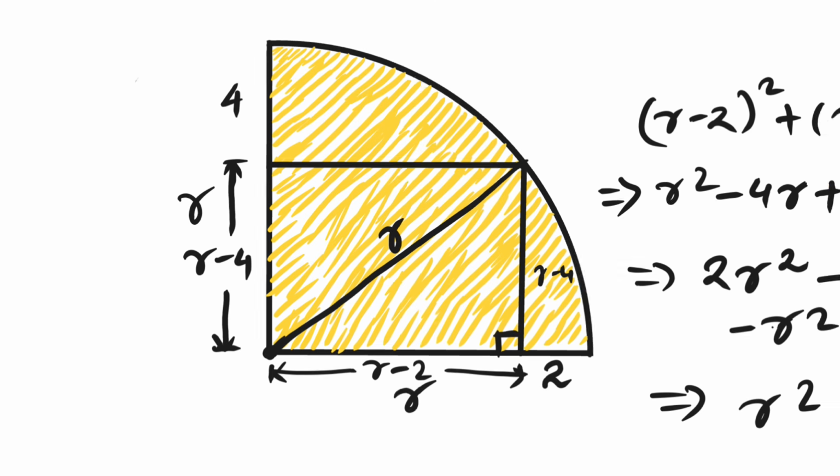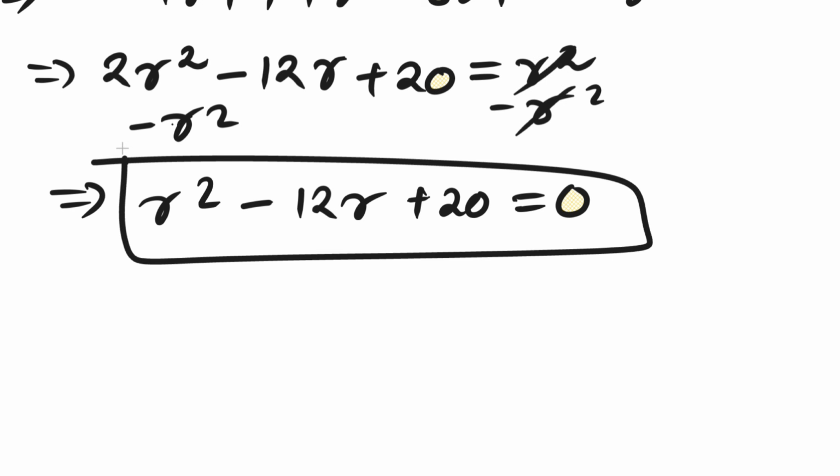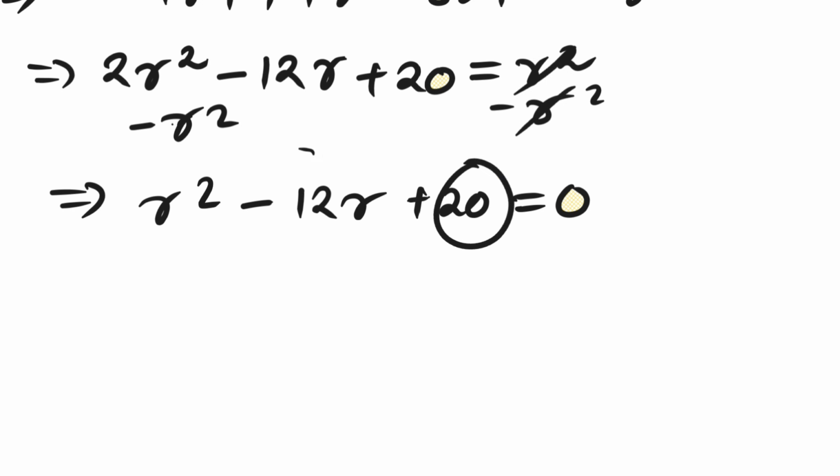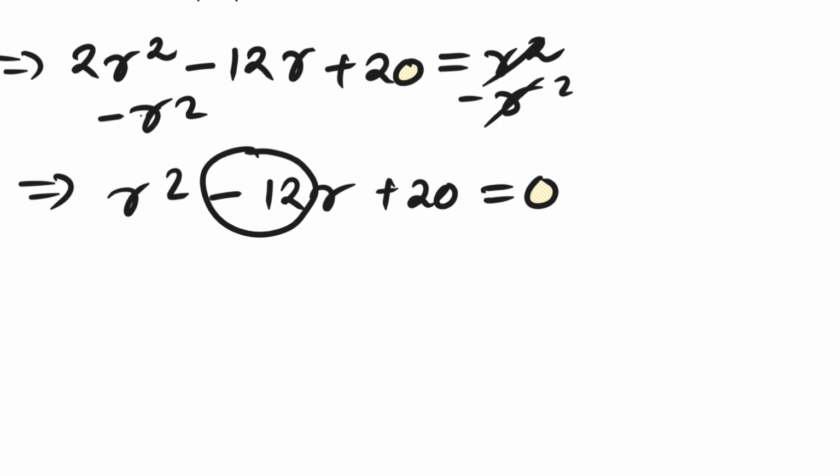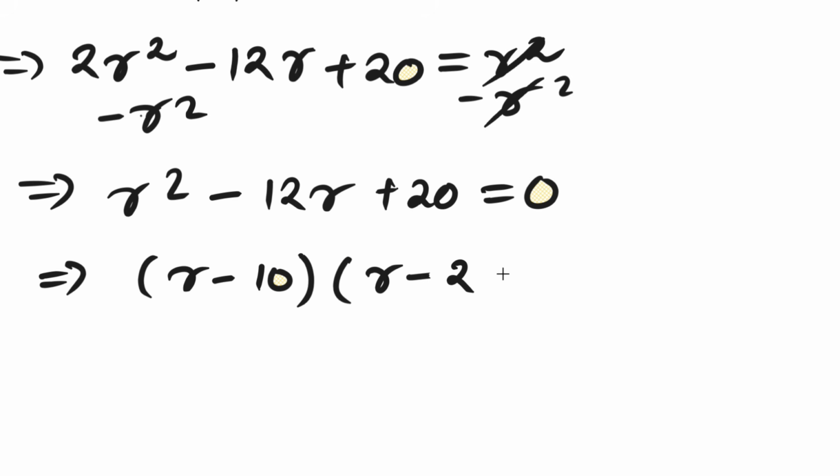So let's factor this quadratic. We need 2 numbers whose product is 20 and whose sum is negative 12. Those numbers are negative 10 and negative 2. Therefore, r squared minus 12r plus 20 factors as (r minus 10) multiplied by (r minus 2) equals 0.